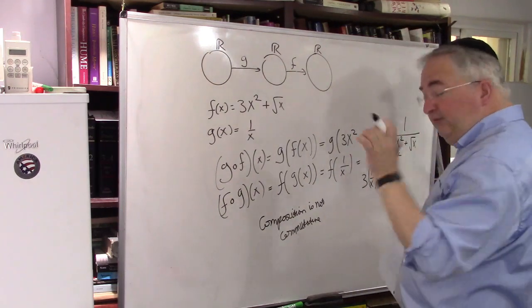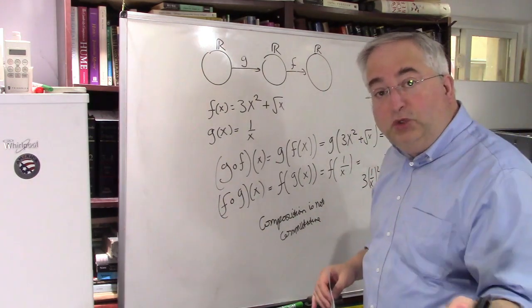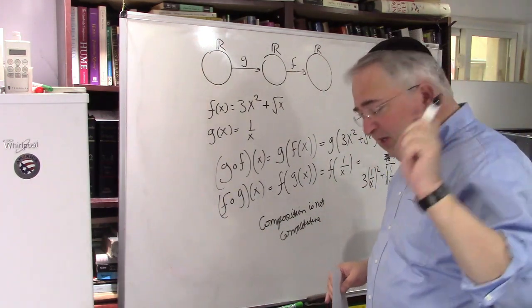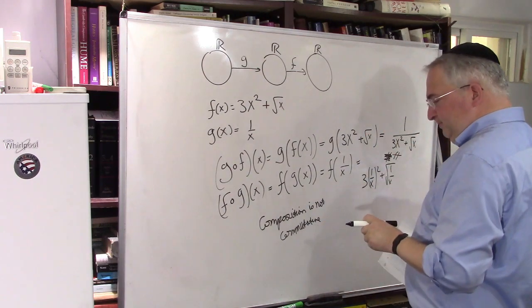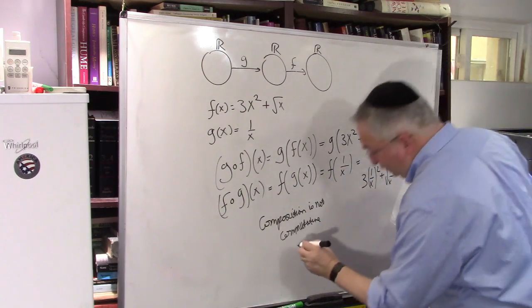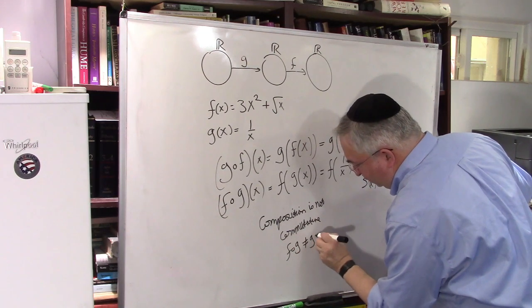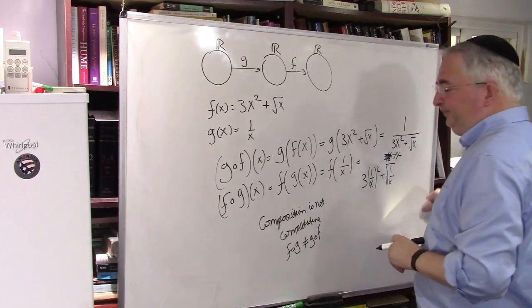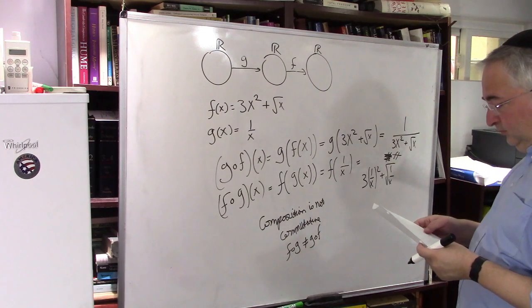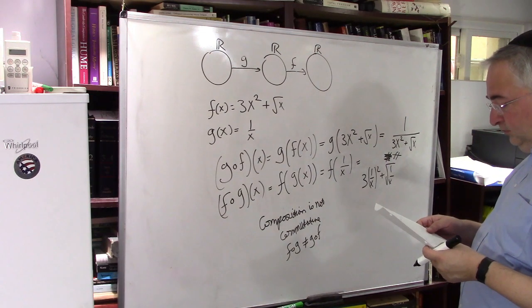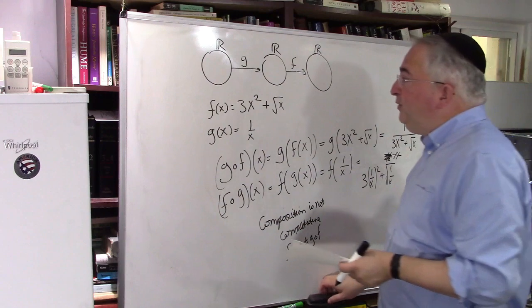Addition is commutative, subtraction is not. Union is commutative, relative complement is not. So here we have f composed g is not equal to g composed f. Okay, let's do another example.